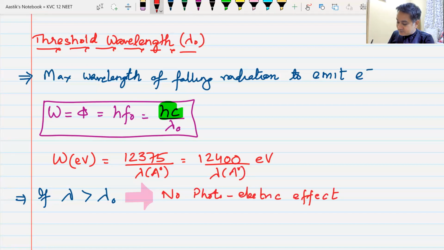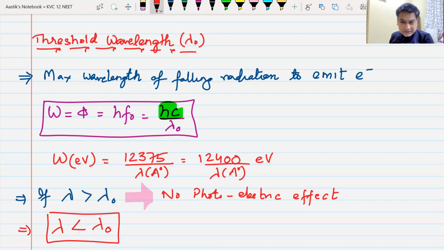That implies that lambda should be less than lambda naught. Simple things in this chapter. If you remember these simple things, you should be doing pretty nicely in this chapter.